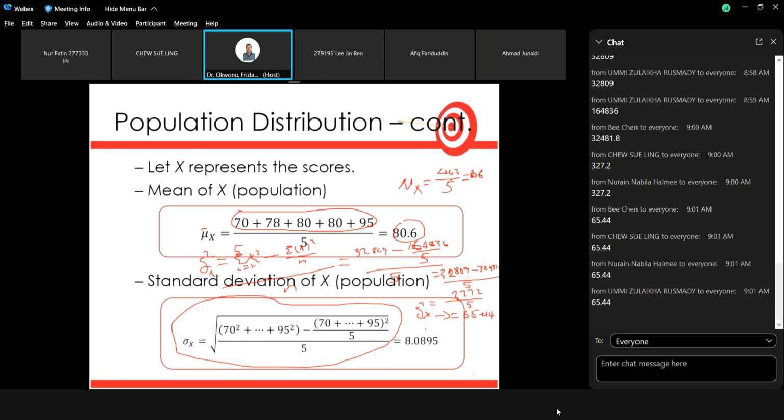Okay, so let's look at the standard deviation. What is the standard deviation, students?